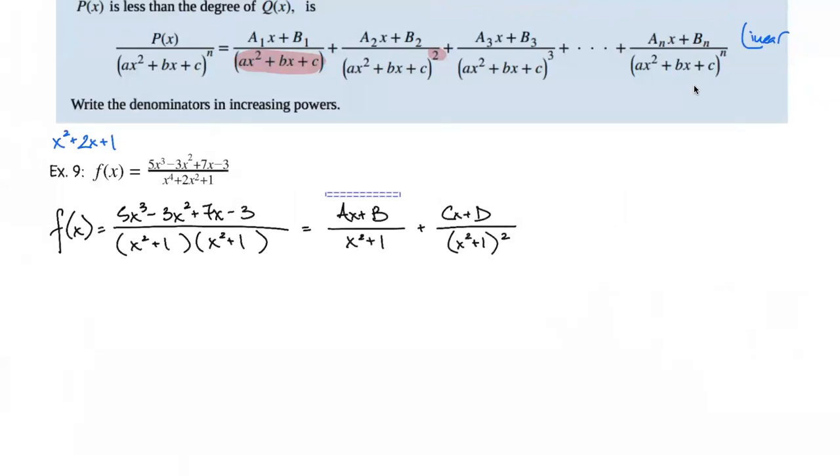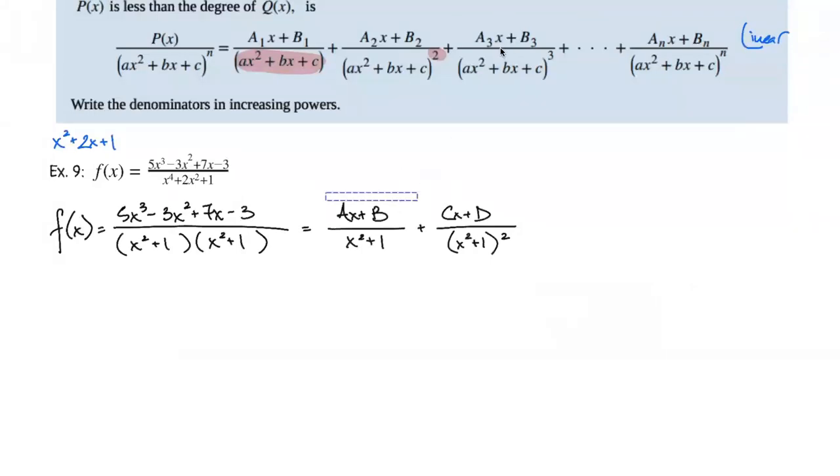Not all the time, but sometimes. So what should we multiply both fractions by? Only the ax plus b by x squared plus 1. Yeah, only that first one needs to be multiplied by something.